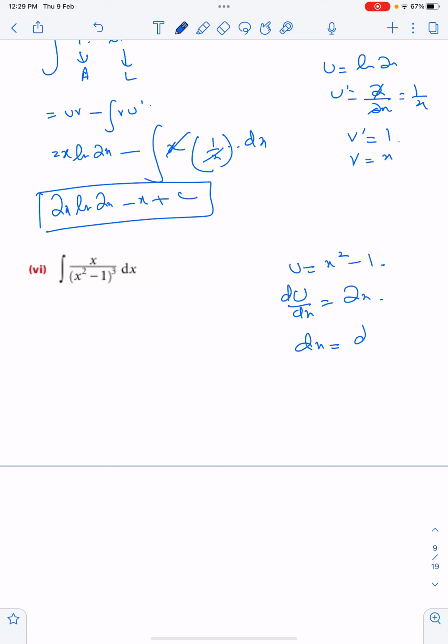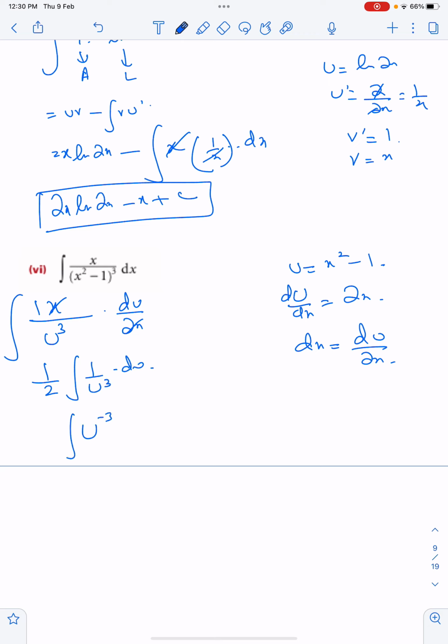If I make dx the subject, it will be du upon 2x. I can write this as x upon u cube, and in place of dx, I'm writing du upon 2x. x and x will cancel out, leaving 1 upon 2 outside as a constant, upon 1 upon u cube du.